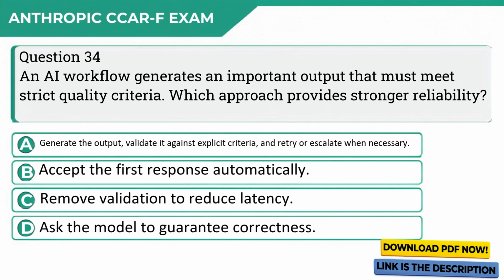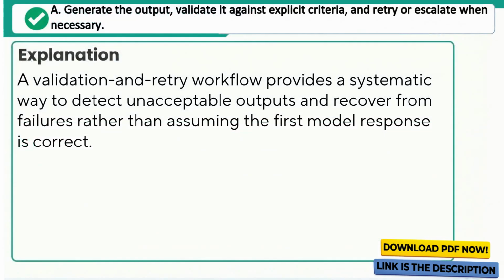D. Ask the model to guarantee correctness. Correct answer: A. Generate the output, validate it against explicit criteria, and retry or escalate when necessary. Explanation: A validation and retry workflow provides a systematic way to detect unacceptable outputs and recover from failures rather than assuming the first model response is correct.